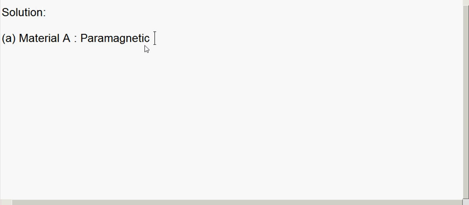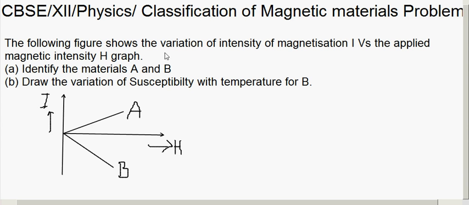If you want, in brackets you can write because of small and positive value of susceptibility or slope I by H. Material B is diamagnetic because of negative susceptibility. And now we have another question, that is, draw the variation of susceptibility with temperature for B.